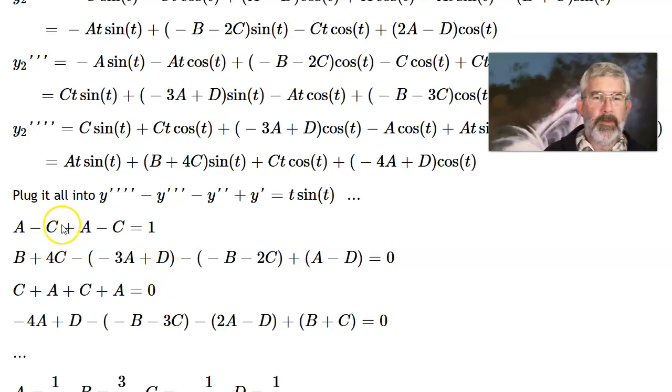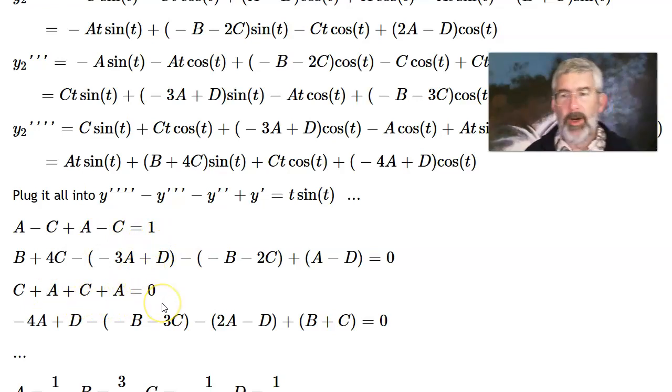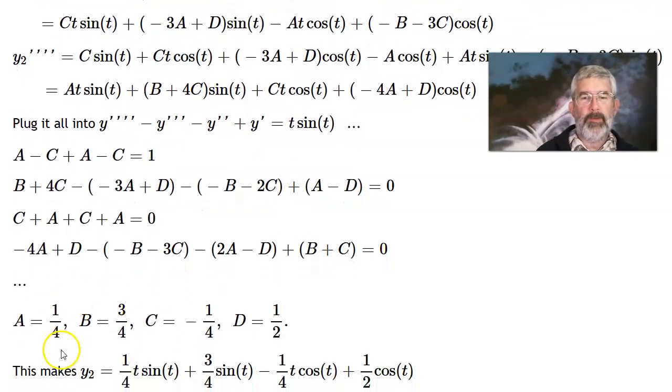Although it turns out that the first and the third equation here are really nice, because this is 2a minus 2c equals 1, and this is 2a plus 2c equals 0, and then it's really easy to just add those equations together and find that a has to equal 1/4 and c has to equal minus 1/4. Once you know a and c, then you can plug them in to these other two, and then you have just 2 equations with b and d, and you can solve those as well.